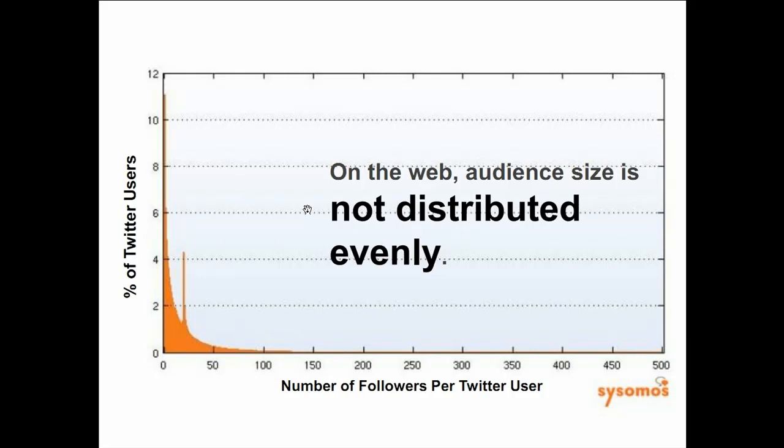One example of this that I pulled off a few months ago was Twitter users. What you can see on this diagram here is the fraction of Twitter users on the y-axis, and on the x-axis the number of followers per Twitter user. And what you can see is that most people have essentially no followers, right? You can see it drops off very rapidly.